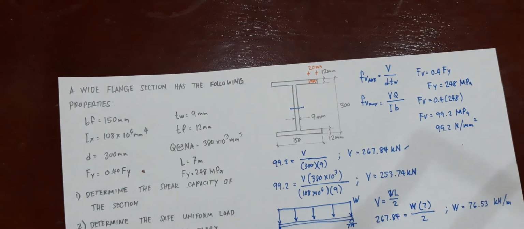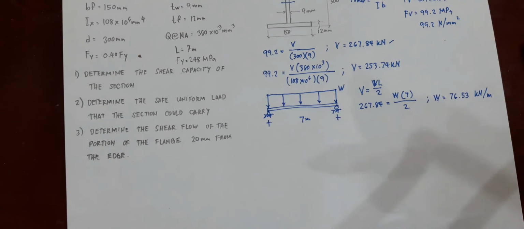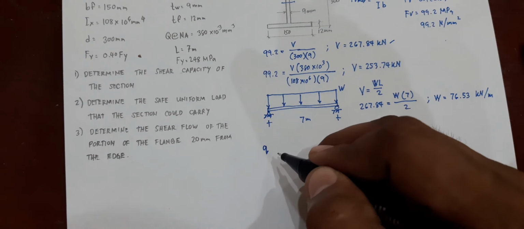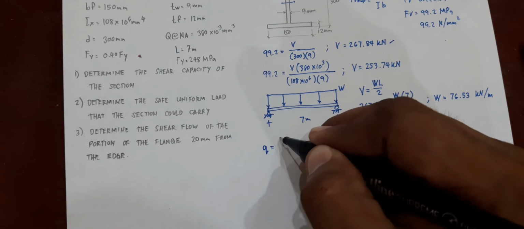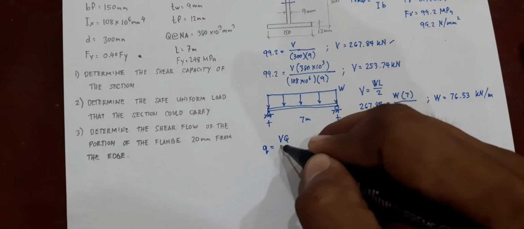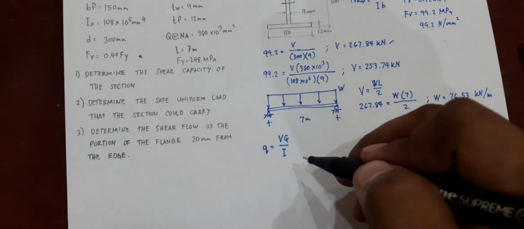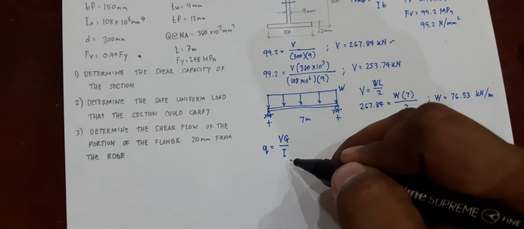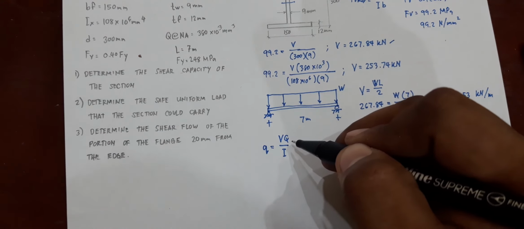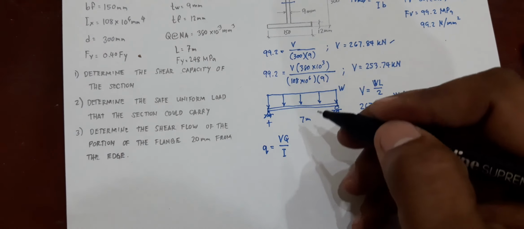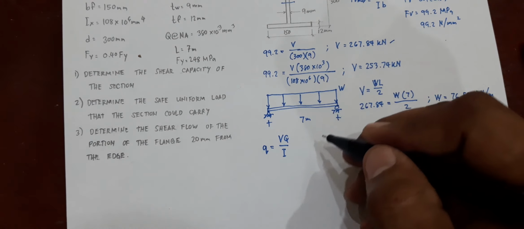Now, the formula for shear flow, again, is from your strength of materials. Shear flow is denoted by small letter q, taken as V times Q over I, wherein V is the maximum shear applied, I is the moment of inertia of the section, while Q here is the moment of the area being considered with respect to the neutral axis.